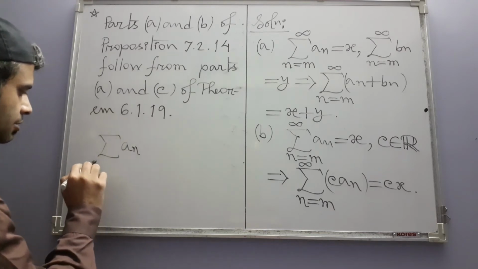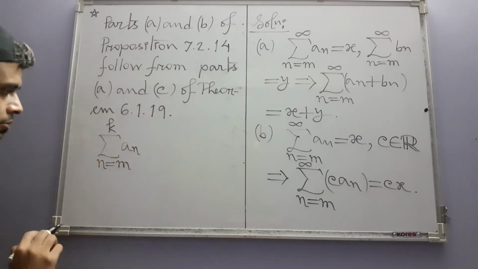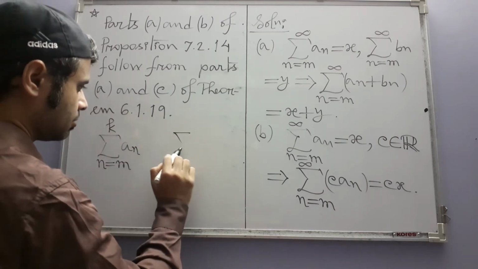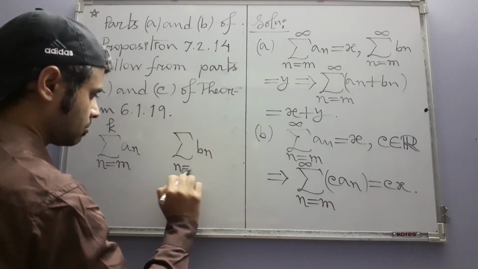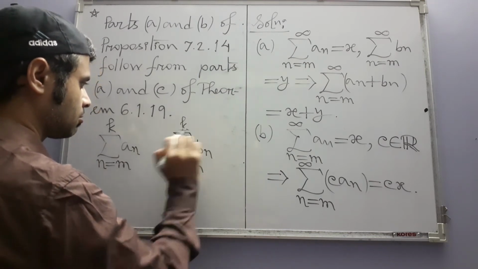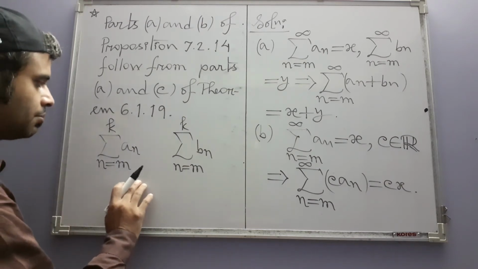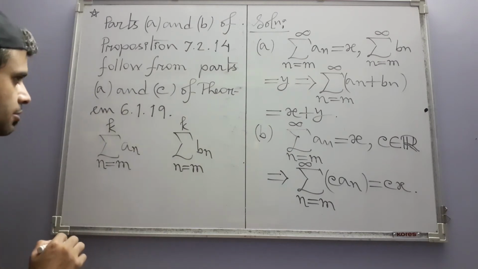The first one is this, and the other one is this, as k varies from m to infinity in both the cases, so those are the sequences.